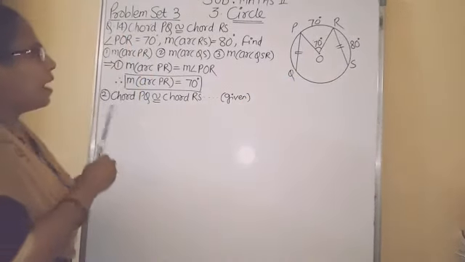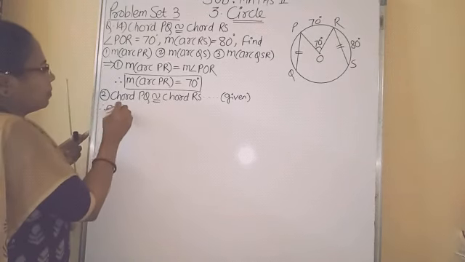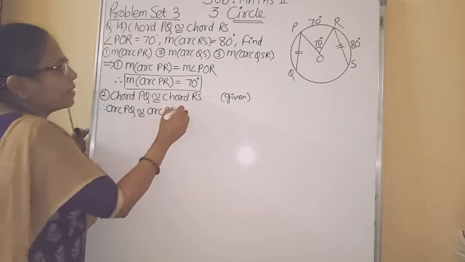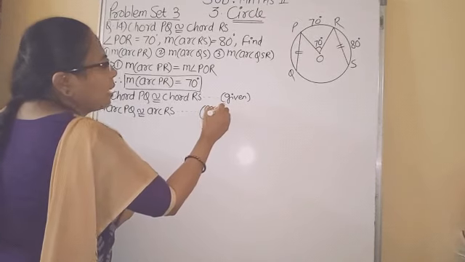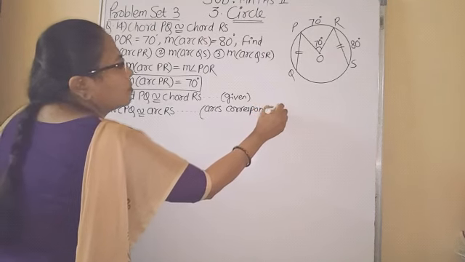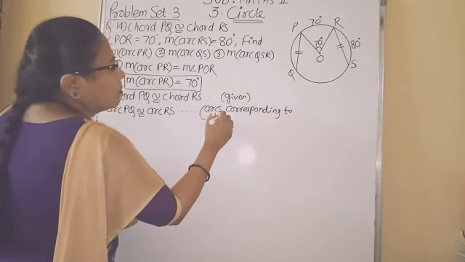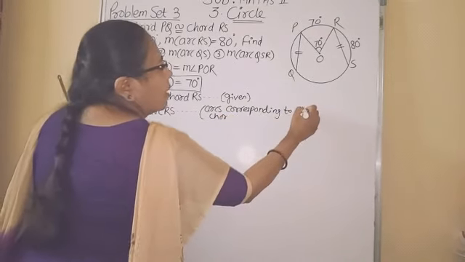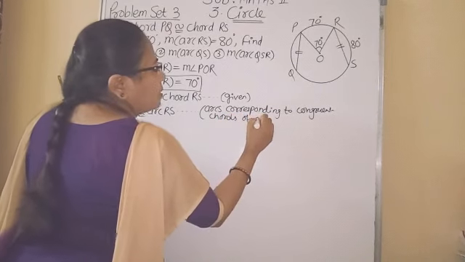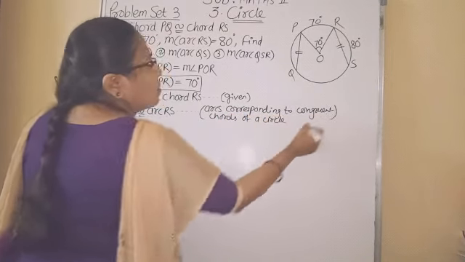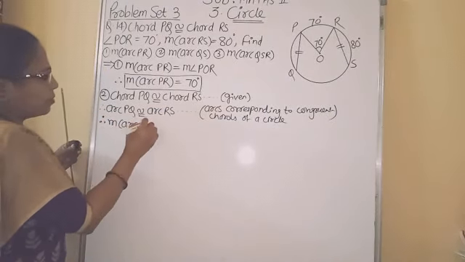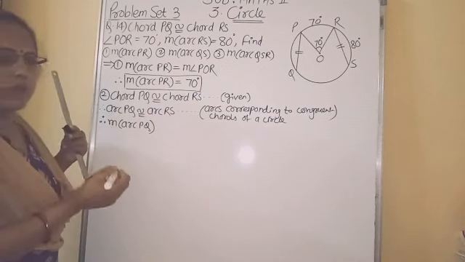That means arc PQ is congruent to arc RS. Reason: arcs corresponding to congruent chords of a circle are congruent. Therefore, since these two chords are congruent, they have equal measure.